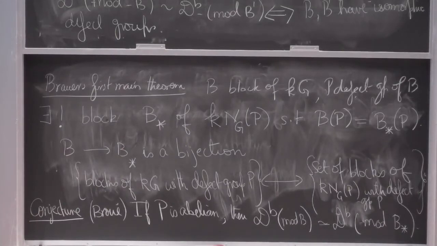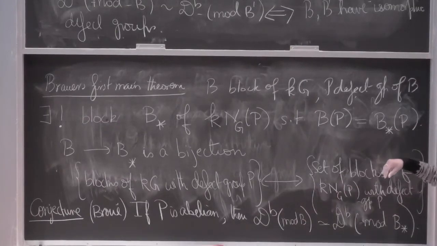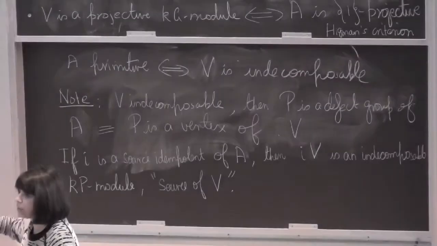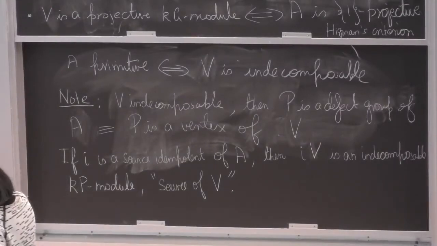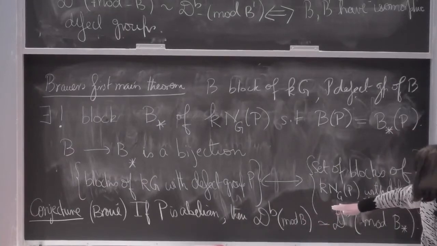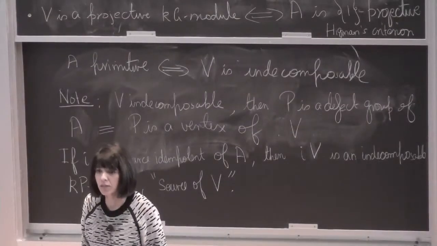And let me just end by saying, to tie it a little bit with the first lecture of the morning, in this case where P is abelian, Brauer's conjecture, or maybe I should say the version of this conjecture over O, would imply the McKay conjecture and also the Alperin weight conjecture.